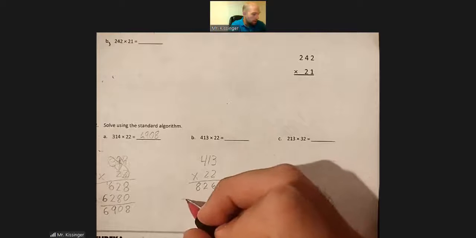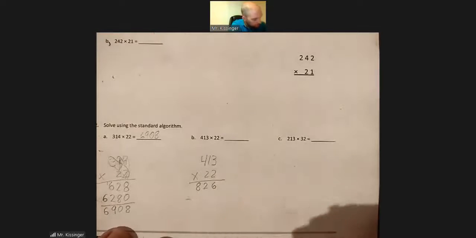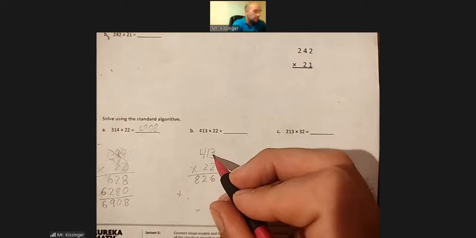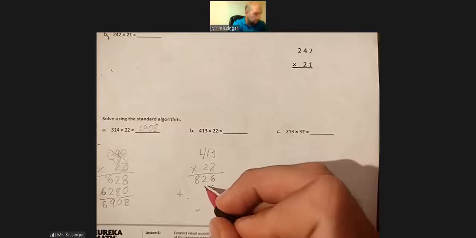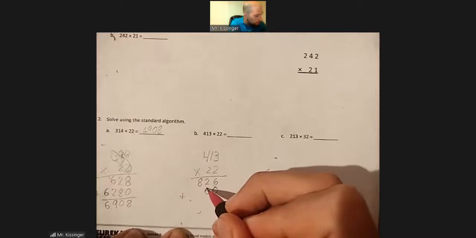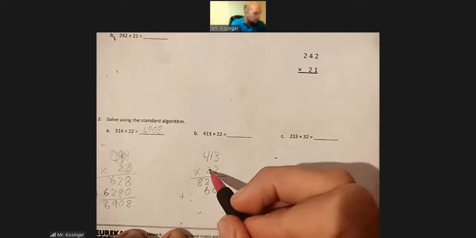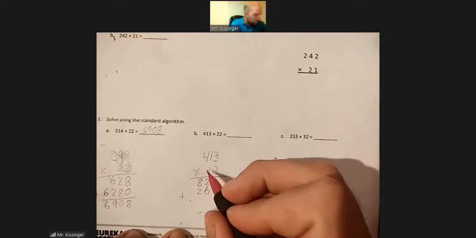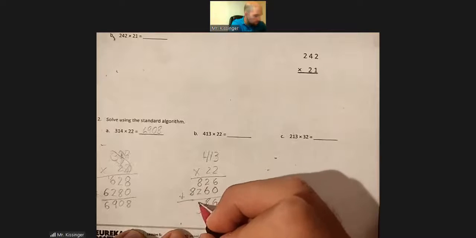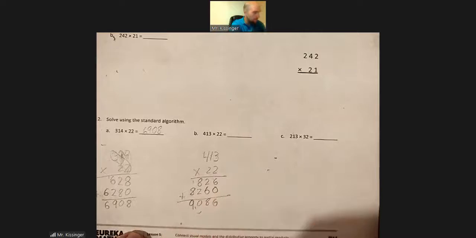And then we're going to add, leaving ourselves space for our thousands place. 3 times 20 is 60. Then 1 times 2, 2. 4 times 2, 8. And then we add them up. We have 9,086.